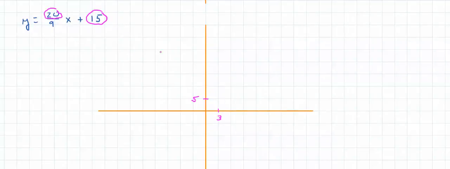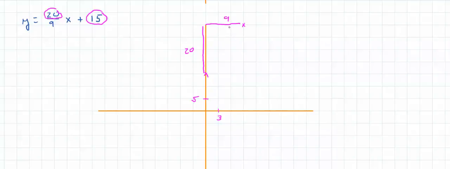All right, my intercept is 15, which is right here. Now I go up 20: 5, 10, 15, 20. And I go over 9: 3, 6, 9. All right? So when I went up this far, that's going up 20. And this is going over 9.